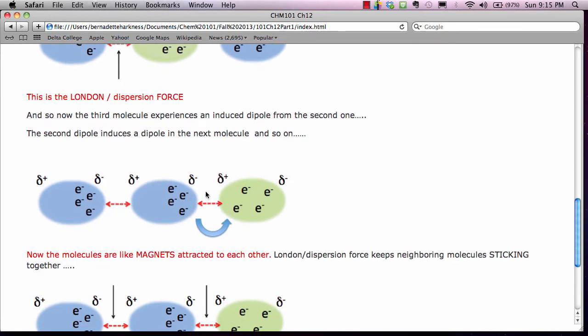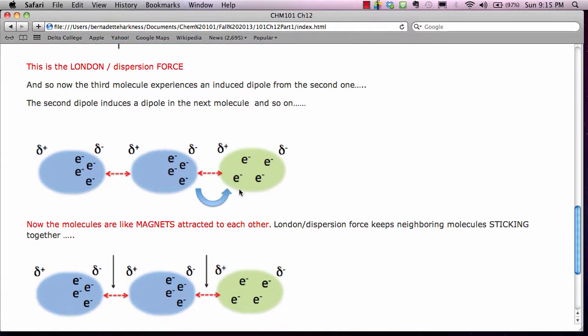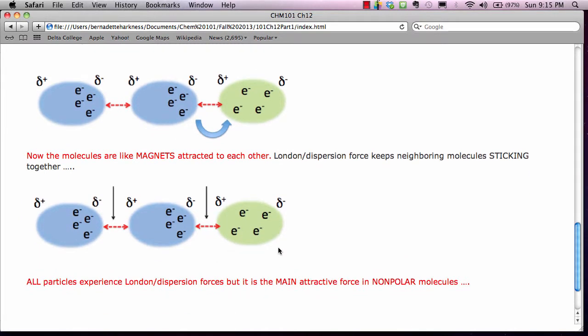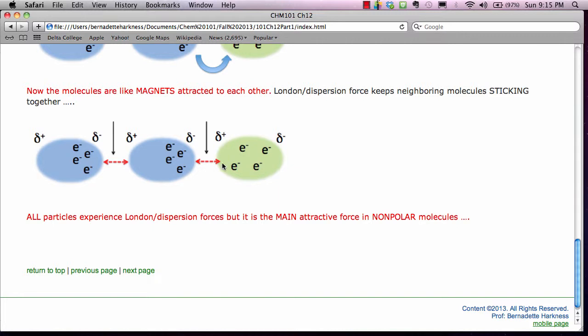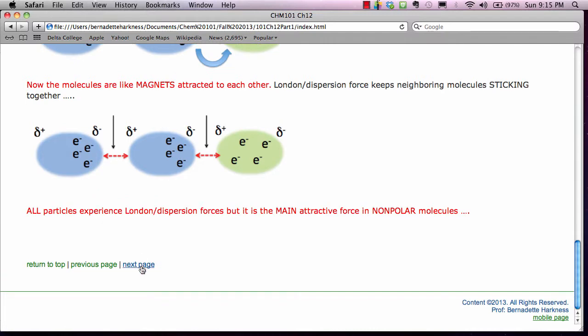The third molecule feels the effect of the instantaneous dipole in the second molecule, and the electrons in the third molecule run away to the right hand side, and they feel this attractive force where there are fewer electrons in that molecule. So this attraction between temporary dipoles in these compounds is called the London dispersion force. It's very temporary, it's relatively weak, but for nonpolar molecules this is the main attractive force.